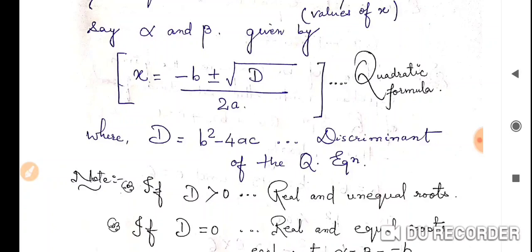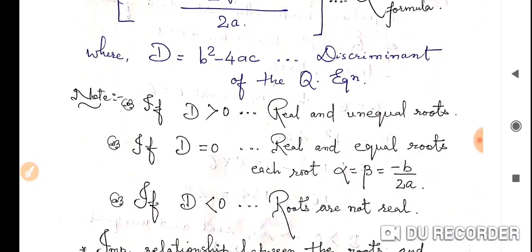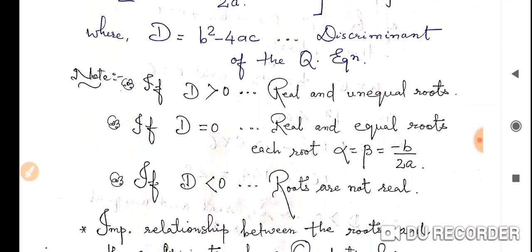The solutions for x are called roots, and the nature of roots, or the existence of roots, completely depends upon the value of the discriminant. Please note these facts. If d is greater than 0, then real roots exist, and these two roots are unequal. That means alpha not equals to beta, while alpha and beta are real values.